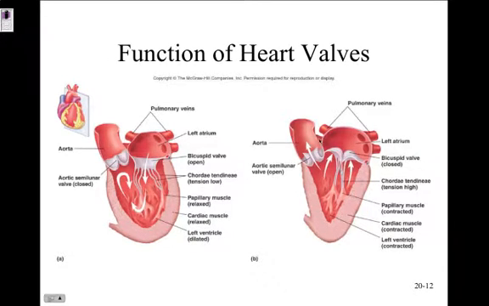It's showing how the blood can't get back up into the left atrium; it has to go through the aortic semilunar valve. So this is when the ventricle is relaxed: the blood fills up in the atrium and comes down into the ventricle. Then when the ventricle contracts, that closes this valve and causes the blood to go through the aortic semilunar valve.